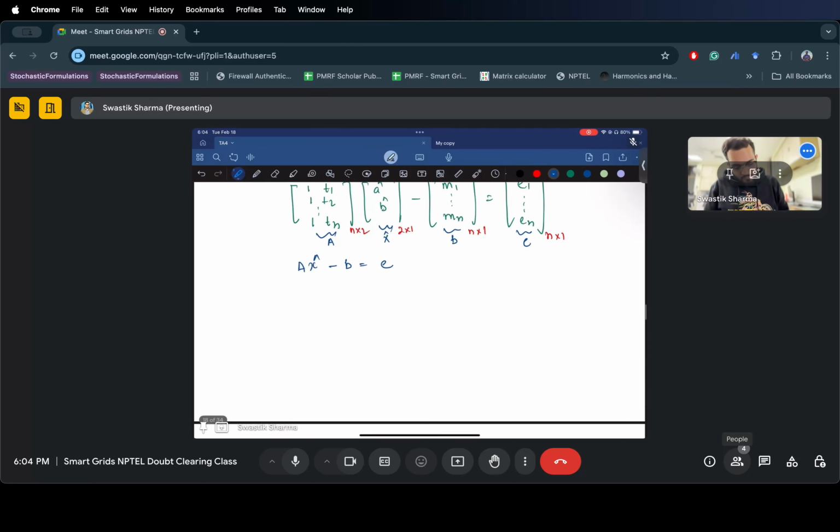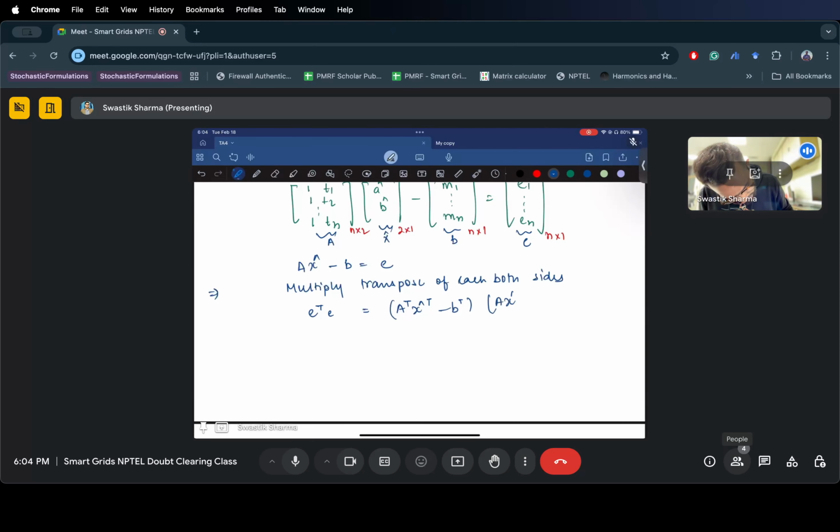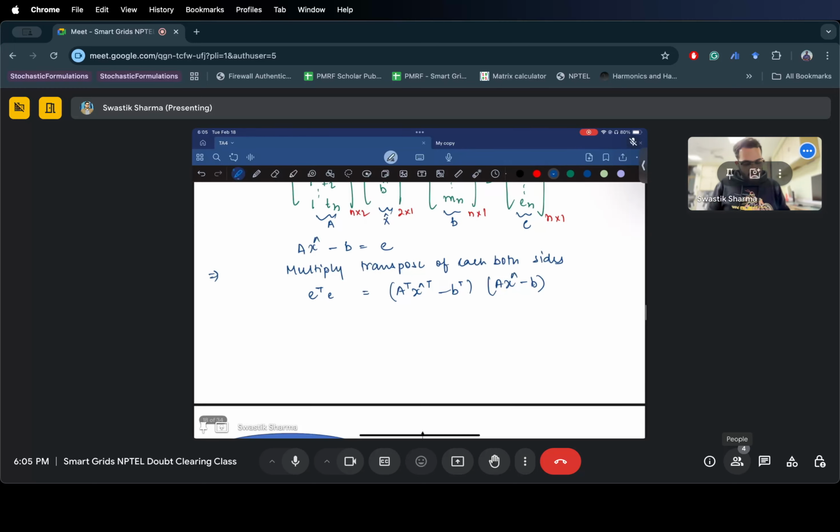How you do it is first you multiply by the transpose on both sides. So this would become E transpose E equals (A x cap minus B) transpose times (A x cap minus B), and this E transpose E is nothing but your L2 norm squared.